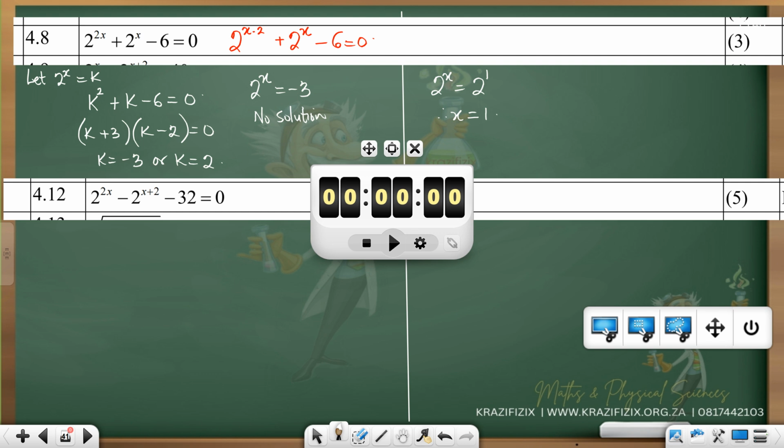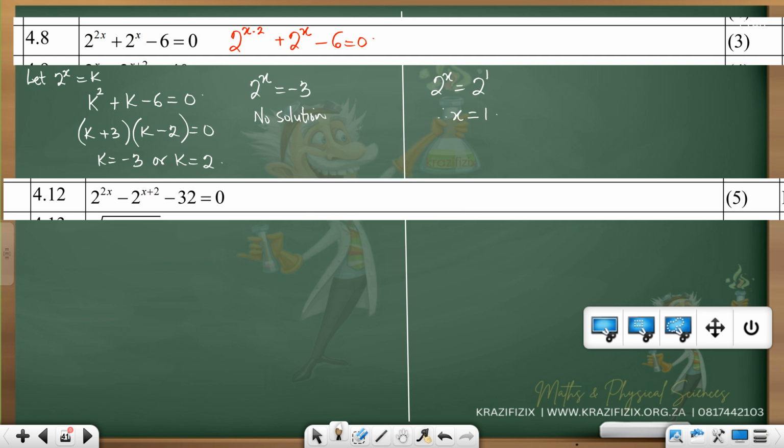All right, let me do 4.1.2 because there are rules of exponents that you did in grade 10, which you might not remember. Because I haven't done such with you now, let me run through this with you. Then we'll have one to do. Already we understand that 2 to the power 2x can be written as 2 to the power x multiplied by 2. But look at this one. Laws of exponents. This can be written as 2 to the power x times 2 to the power 2 minus 32.